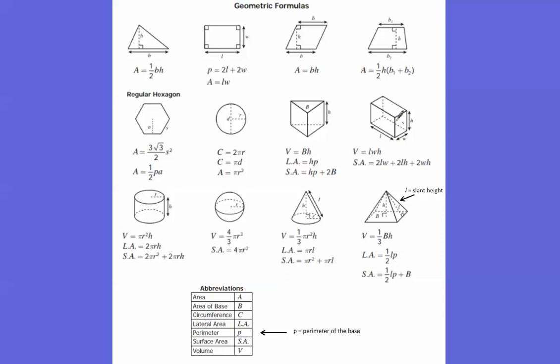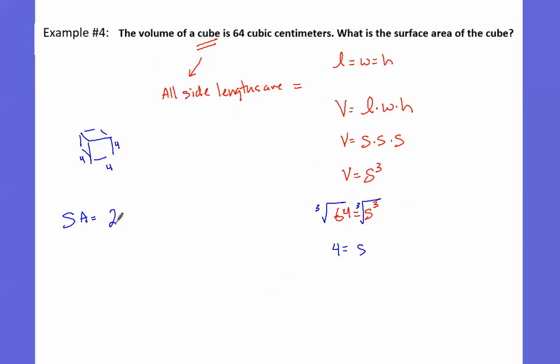Our surface area of either a rectangular prism or even a cube is going to be 2 times L times W plus 2 times L times H plus 2 times W times H. What we really have then, because we know that all of the sides are equal to 4, we really have 2 times 4 times 4 plus another 2 times 4 times 4 plus another 2 times 4 times 4.